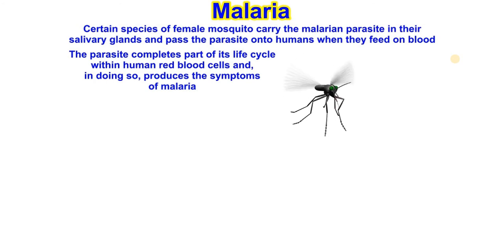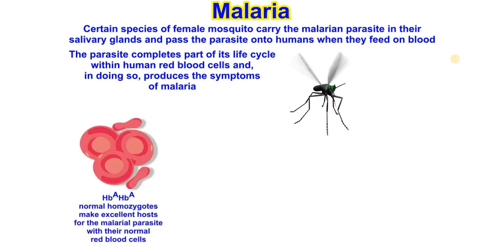And this is a problem, as it's very hard to get rid of this Plasmodium parasite, because with it living in your cells, a lot of the drugs that we have are ineffective. Antibiotics, things against bacteria, won't work, because this is a eukaryotic parasite. So very difficult to treat.